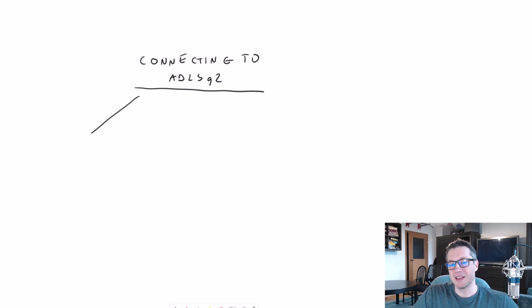Now, the method that I used so far was the worst method possible. This was the account key. Fortunately, there are better ways. So let me start with the one that Databricks is promoting a lot right now. They created something called Unity Catalog, which we'll cover in future episodes.